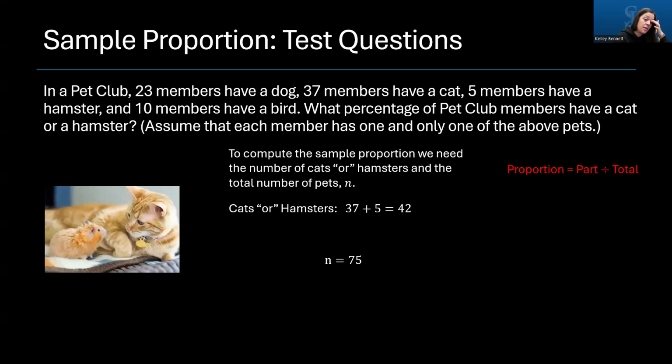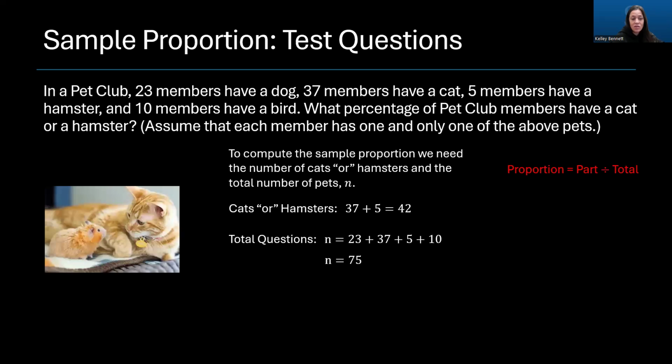So there are 37 pet owners that have a cat, and those are totally mutually exclusive with the number of pet owners that have a hamster, which was 5. So 37 with 5 gives us 42. And then the total number of pets is going to be adding up all 4 of those numbers, 23, 37, 5 with 10, and that gives us 75.